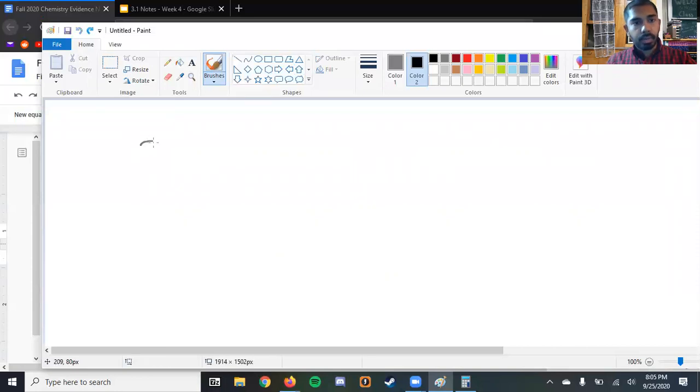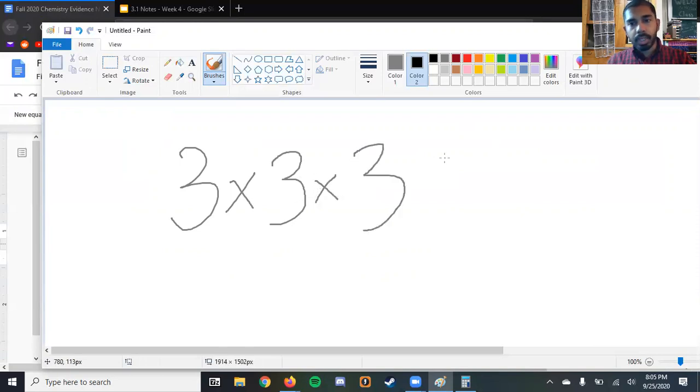Let's say we have 3 threes, and they're all being multiplied. Another way to write this, which is equivalent, is 3 to the power of 3. Okay, cool. We know that.